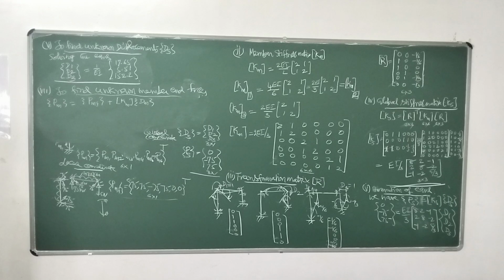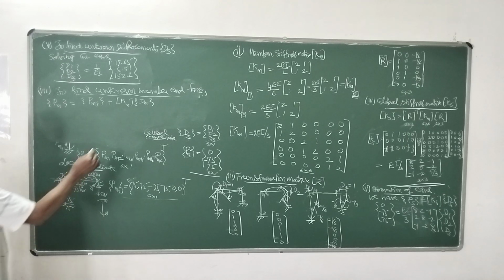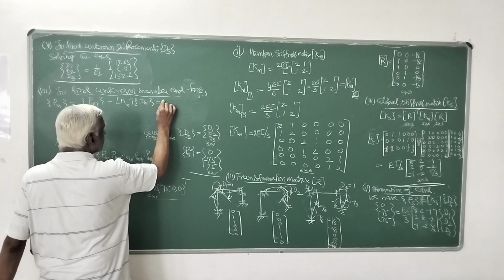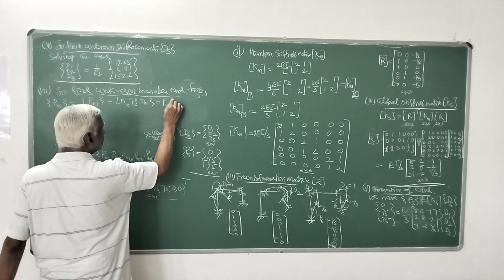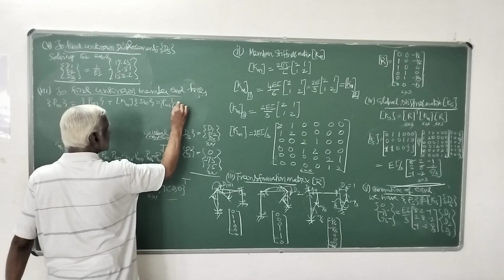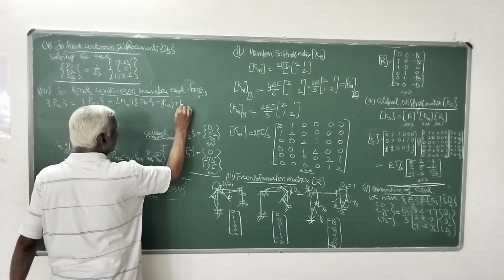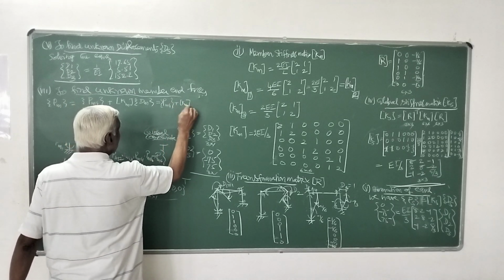Km is the stiffness matrix in local coordinates, Dm is the displacement in local coordinates, and that is equal to PMF plus Km Dm.